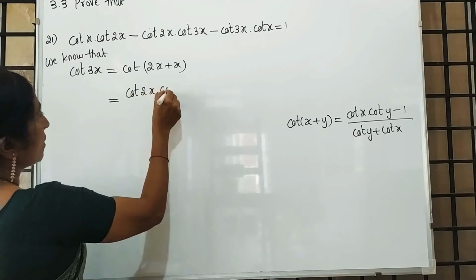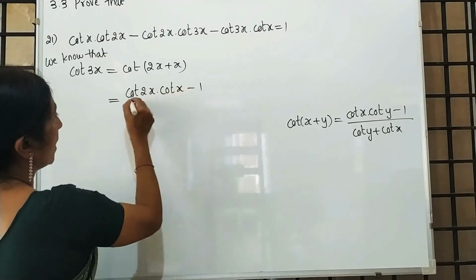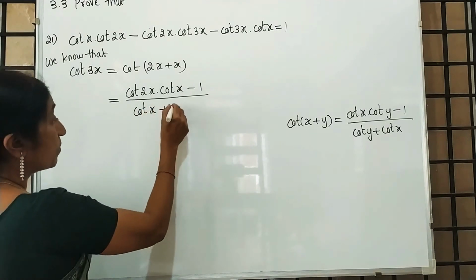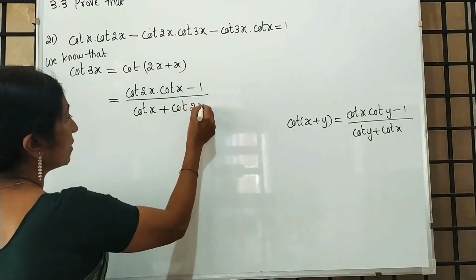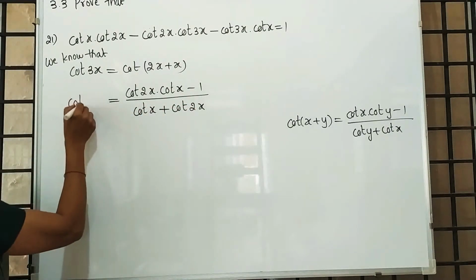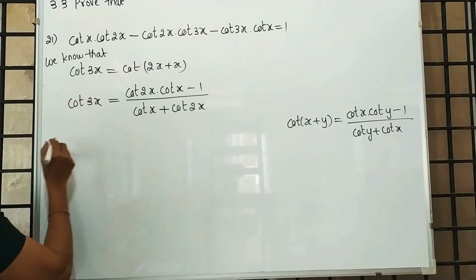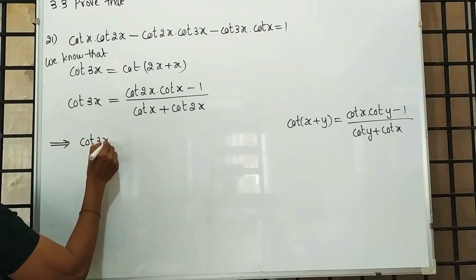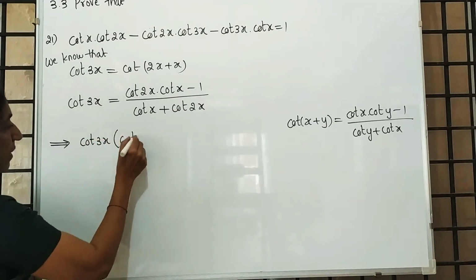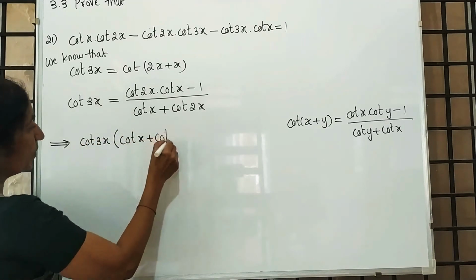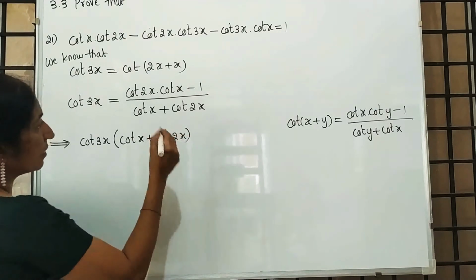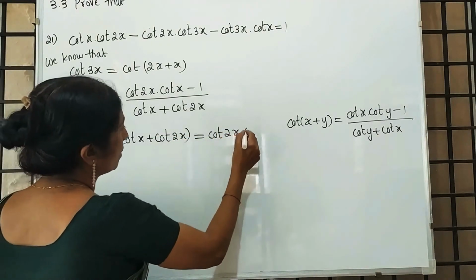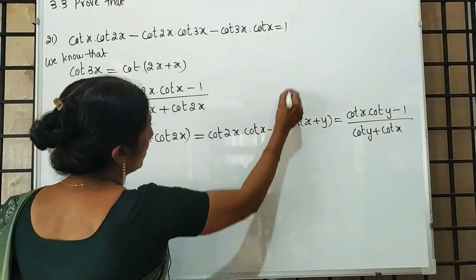Cot 2x into cot x minus 1 divided by cot x plus cot 2x. On the left side cot 3x as it is. Cross multiply this. Cot 3x in the bracket, cot x plus cot 2x is equal to cot 2x into cot x minus 1.